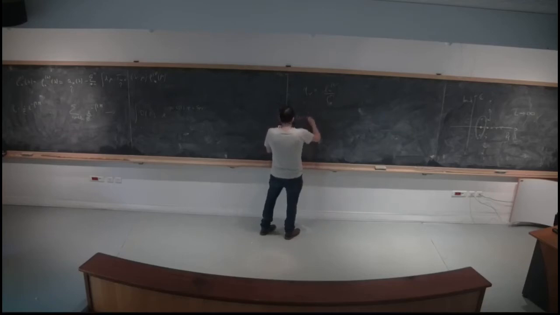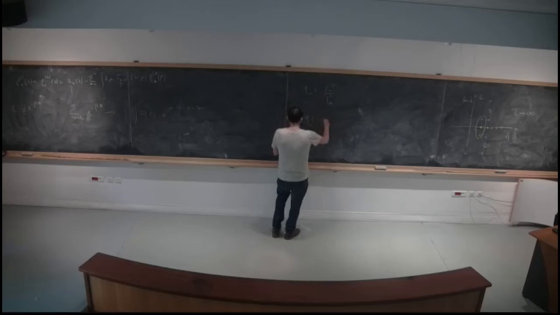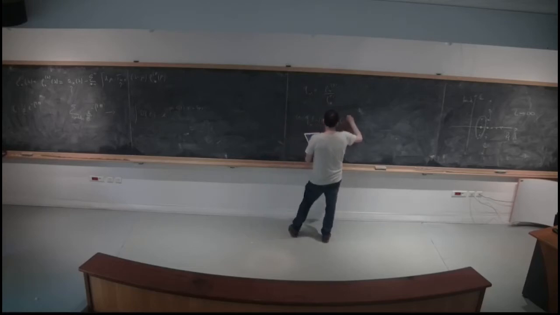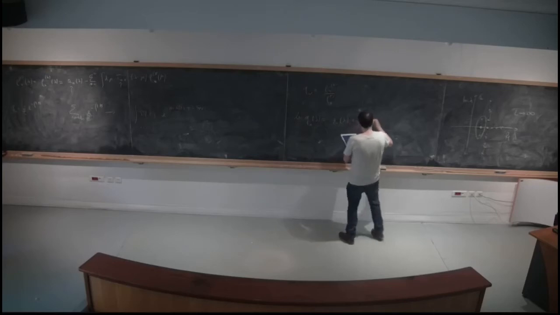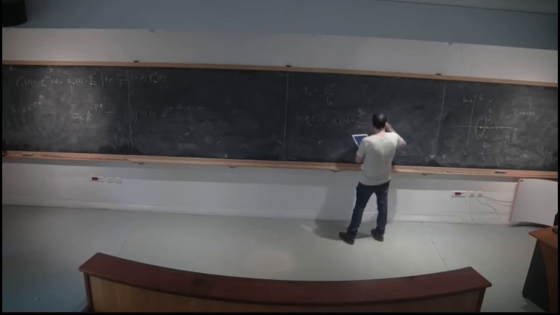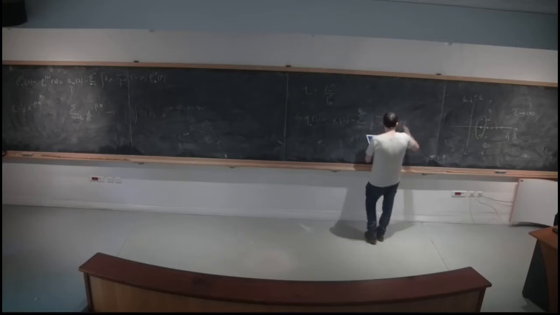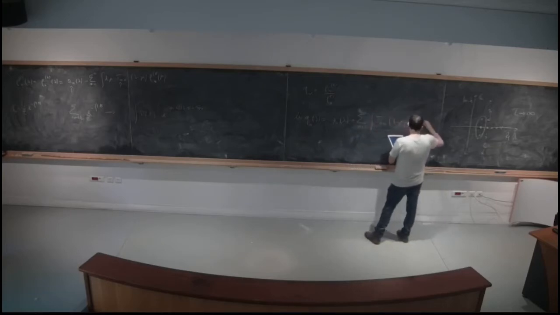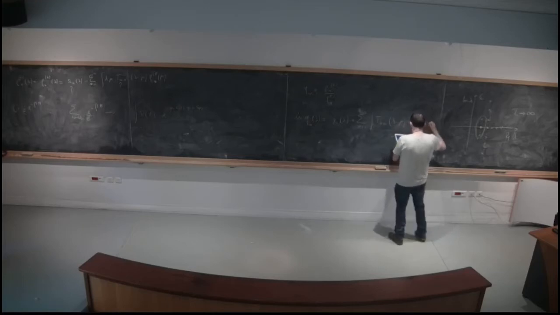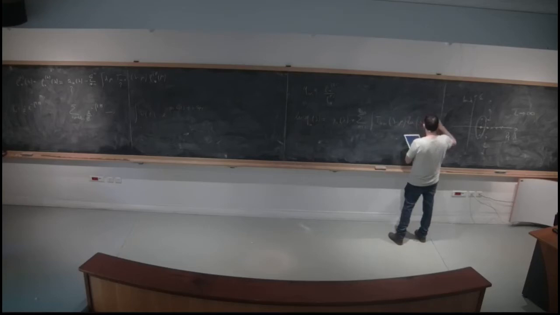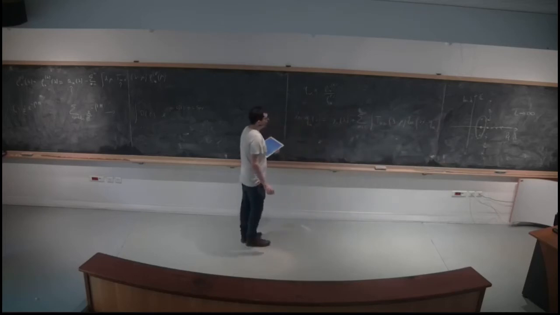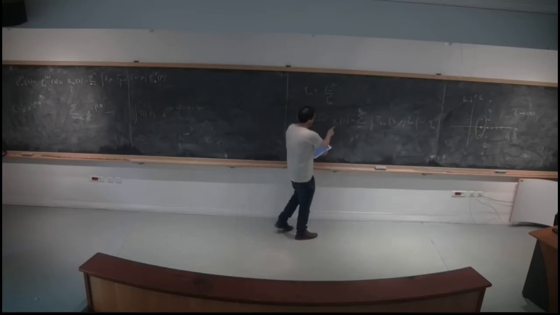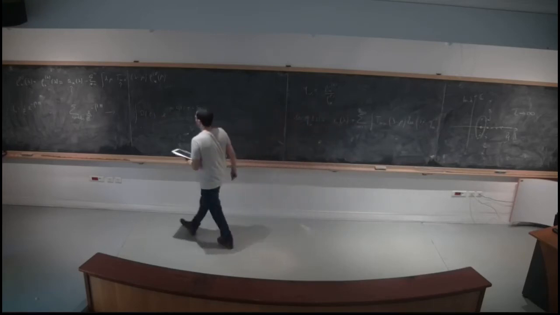Now you have an equation for these etas, and then here you have this G. This G encodes the information about the ensemble.